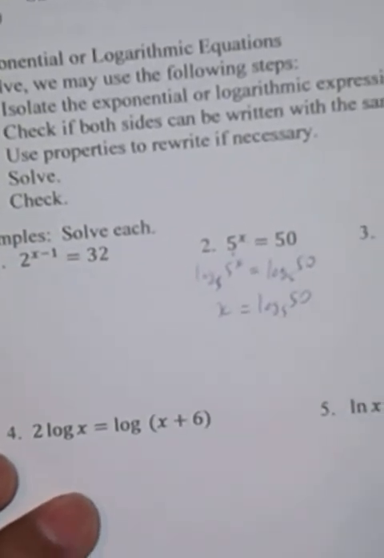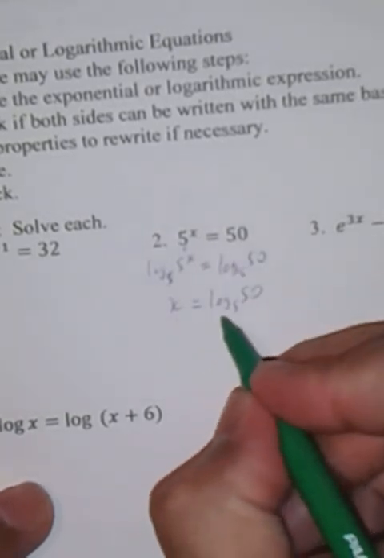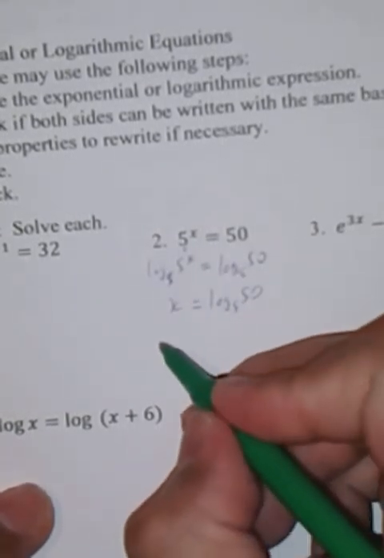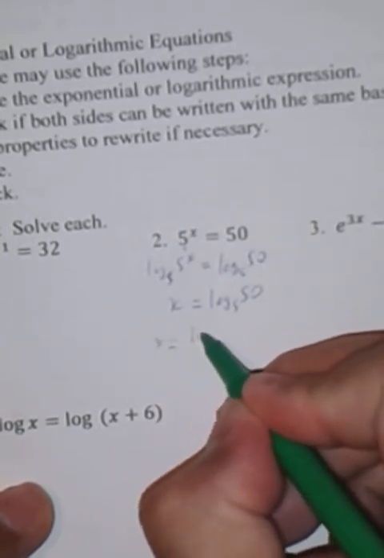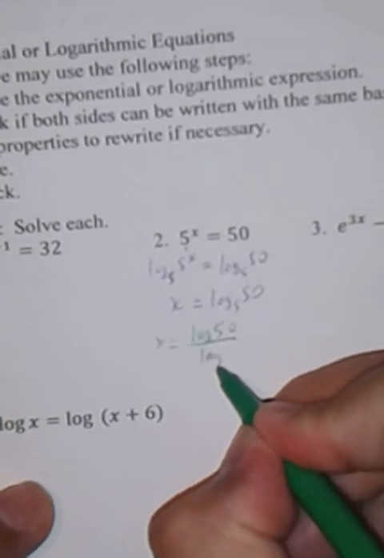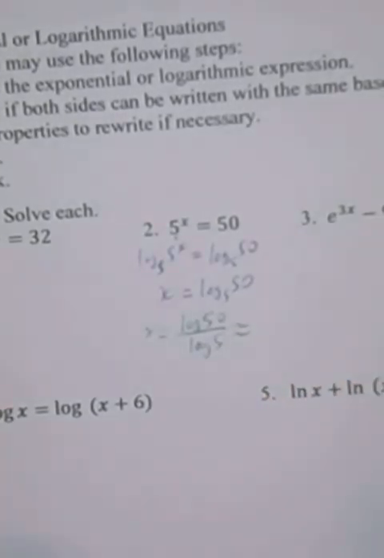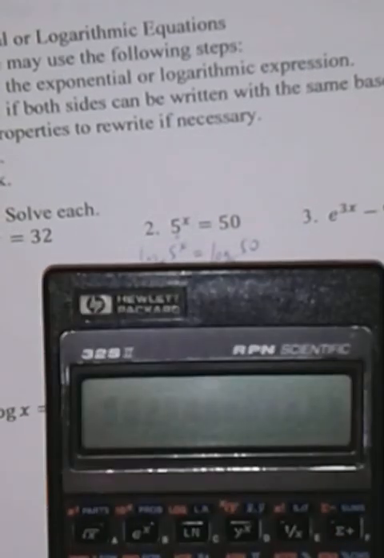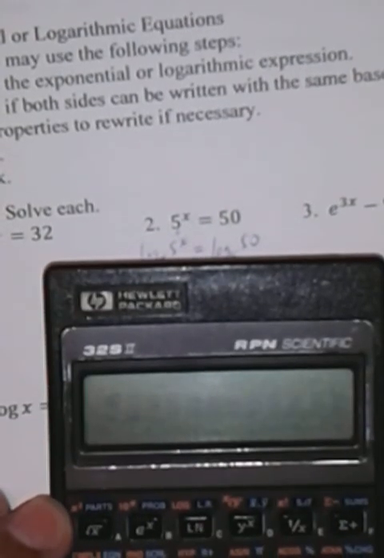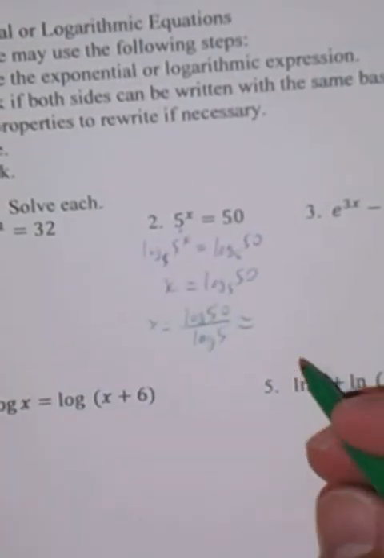If I want an estimate, then I just use my calculator. I can use the change of base formula. So x will be log of 50 over log of 5, or ln, either one. Again, notice I only want to do this if I'm asked for an approximation. I get 2.431 approximately.